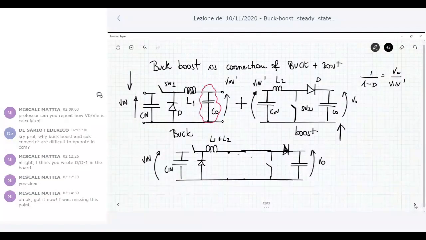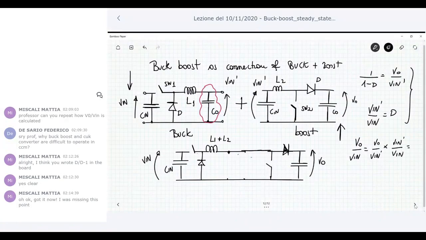V in prime is the same in this connection of the output voltage of the buck, but we know that in the buck, V in prime over V in is D. So combining these two, we can say that V naught over V in is V naught over V in prime multiplied V in prime over V in, and so this is D over 1 minus D. Okay, this is the conversion ratio of this new converter.